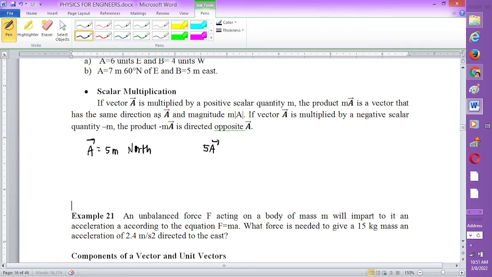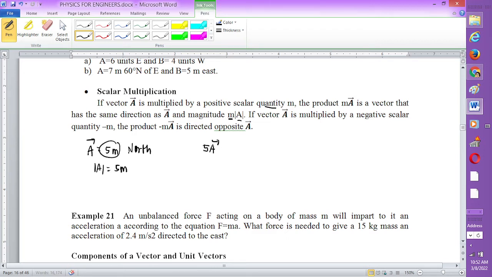You simply get the magnitude of your vector and multiply it by the scalar. Your M here, class, that is your scalar quantity, and your vector A, so you only get the magnitude. In this case, the magnitude of A is 5 meters.